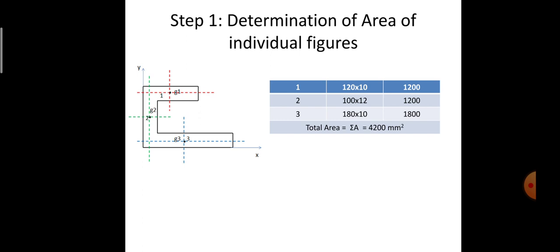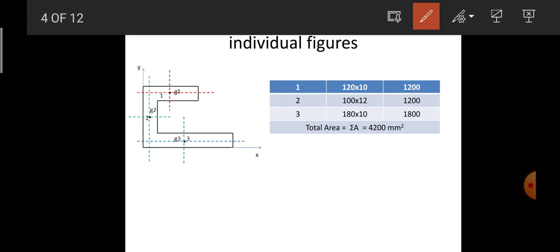For the first figure, the area is equal to 120, the width, times 10 mm, the depth, so it is 120 into 10, which comes to 1200. The second figure is the web rectangle, whose vertical dimension is equal to 100 mm and whose horizontal dimension is equal to 12 mm.